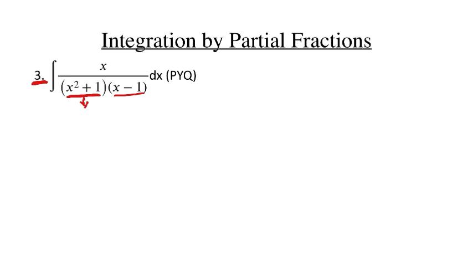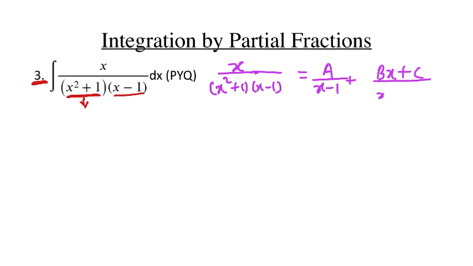The nature of partial fractions for this, as we had seen, is we are going to write x upon x square plus 1 into x minus 1 as a upon what the linear factor was, plus bx plus c upon what the quadratic polynomial which cannot be factorized was. Note here that when the denominator is quadratic, its numerator will have two constants. It cannot have one constant. That is the reason we write bx plus c.